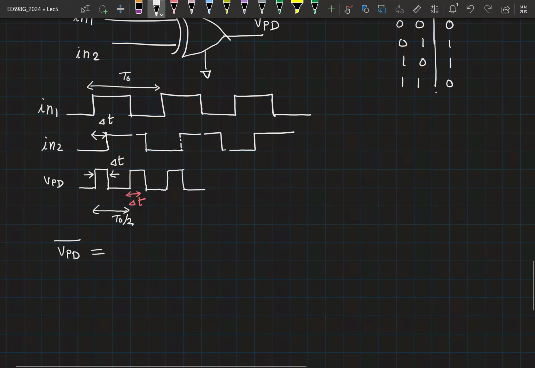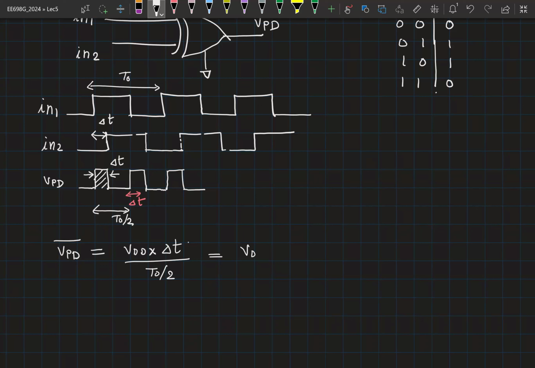To calculate this, I simply have to look at the area under the curve and divide by the time period of observation. So this is VDD for delta T duration divided by T0 by 2.